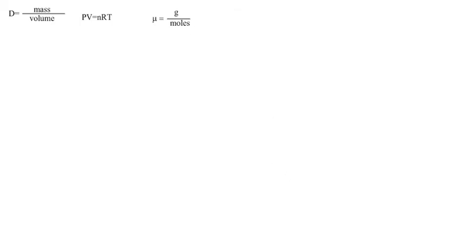We can rearrange that so that moles equals the grams over the molar mass, and we can substitute that relationship for moles into the ideal gas law where we have the n of the moles. And that's what I'm going to do right here.